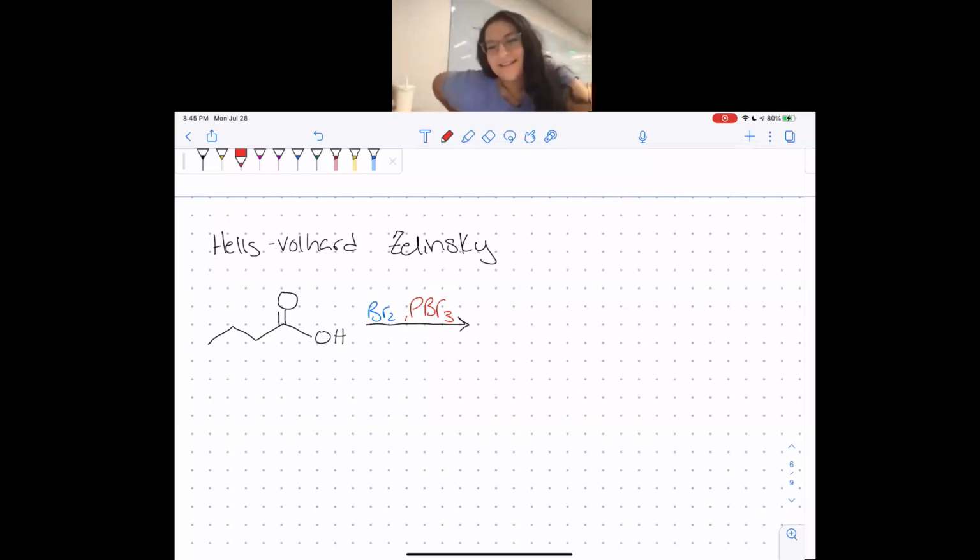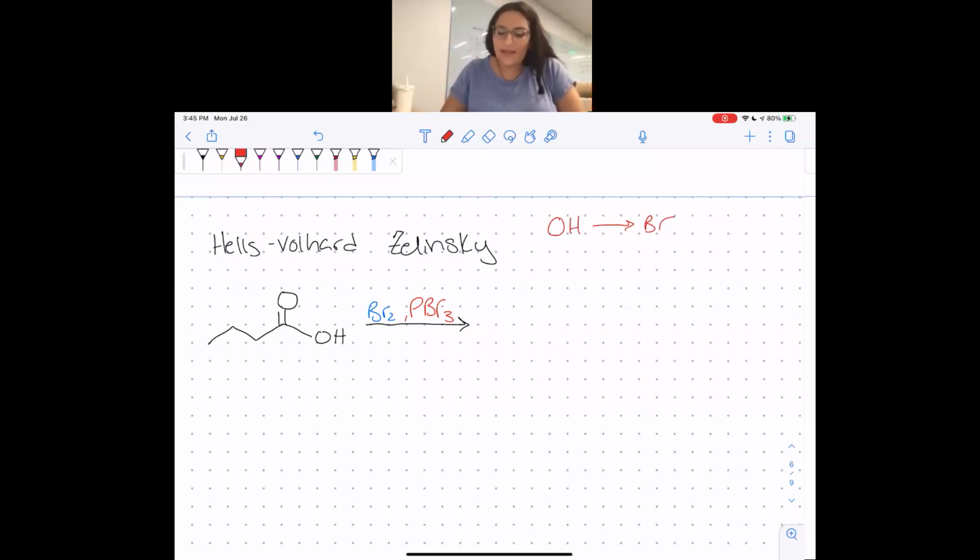So let's see who remembers from earlier chapters. What the heck does PBr3 do? I'll do a drum roll. It's a protecting group, yes. It makes acid halides. Yes, okay, so anytime you see PBr3, you're going from OH to Br, right?